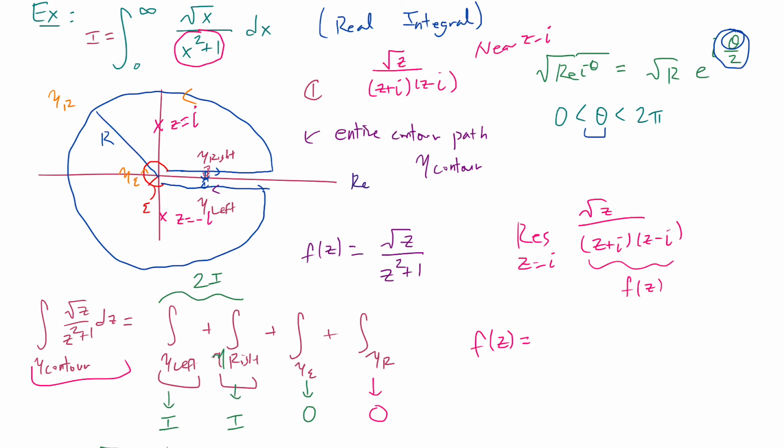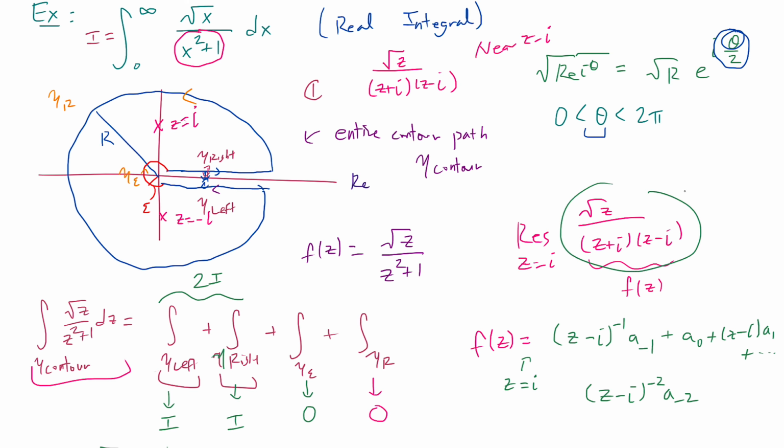When I do the Laurent series expansion at z equals i, you must get something like this: (z minus i) to the minus 1 times a minus 1, which is the residue, plus a naught, plus (z minus i) times a1, and so on. You might ask, why do we not have a term like (z minus i) to the minus 2 times a minus 2?